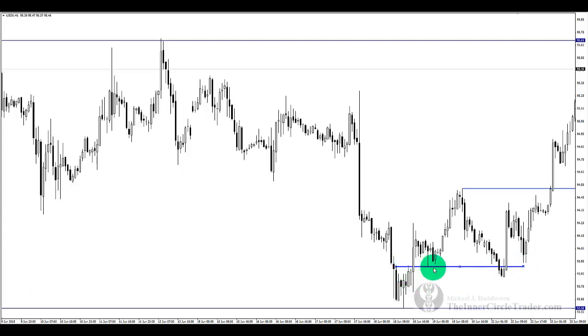So here's the reaction on just using the high, and this is the reaction seen with using the low, I'm sorry, the opening of that candle right there. And we've only dipped, well, this level here comes in at 93.88, and the low on this candle 93.83.